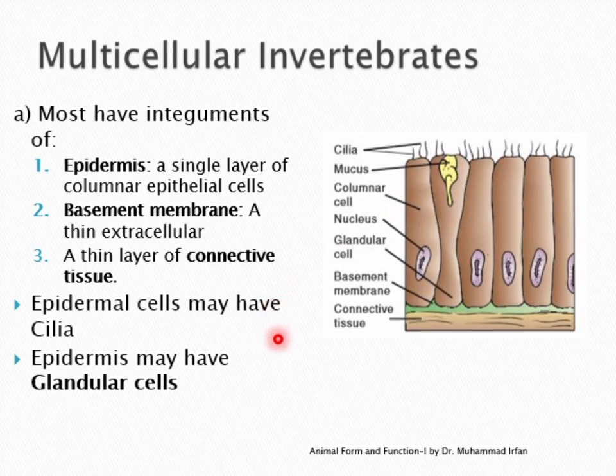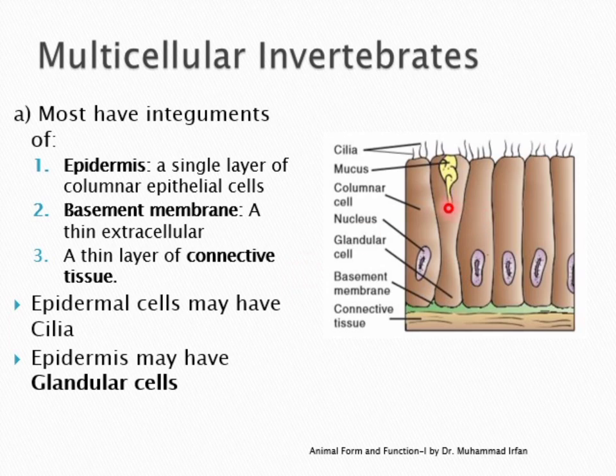So how do we differentiate epithelium from other types of cells? Epithelium has distinct types of cell shapes when we see under the microscope. When we have a section of any tissue from animals, we see whether the cell shapes are distinct.